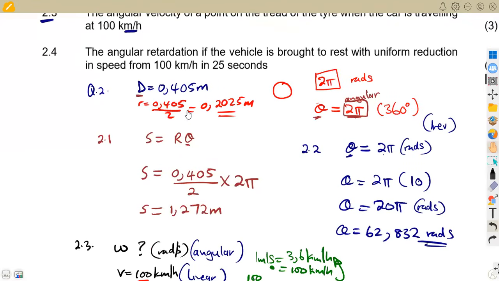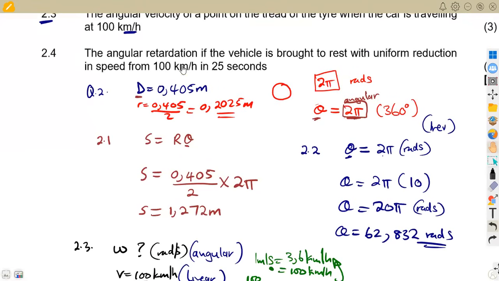Now they are saying the angular retardation of the vehicle. Take note about this part of the question: the angular retardation, if the vehicle is brought to rest with a uniform reduction in speed from 100 kilometers per hour.